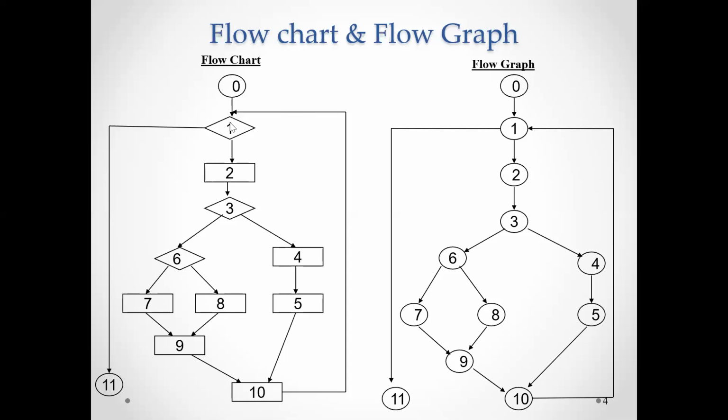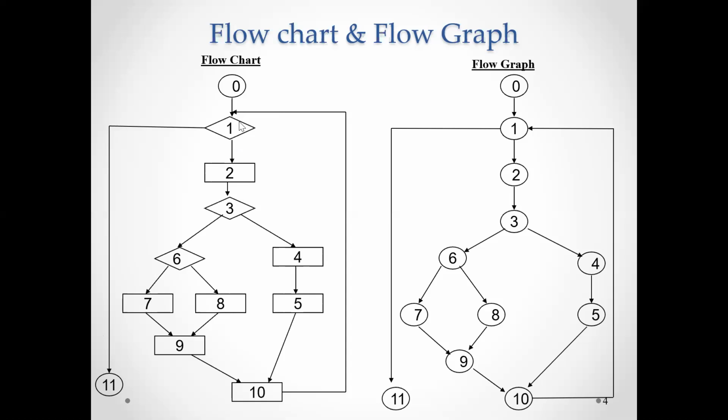So 0, there is a decision. If it is true, it will enter the next node. If it is false, it will go to the last statement that has been executed. Here also, whenever the rhombus symbol is there, it is nothing but you are taking some decision. The same thing applies here also.